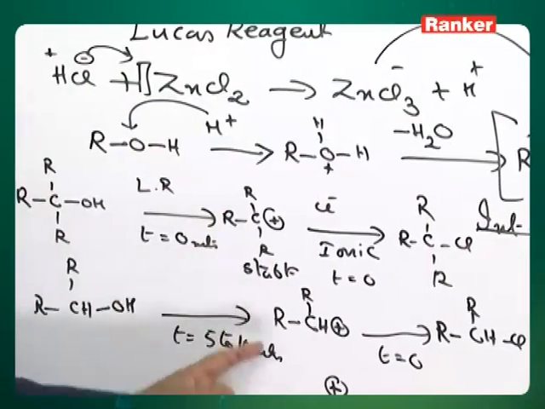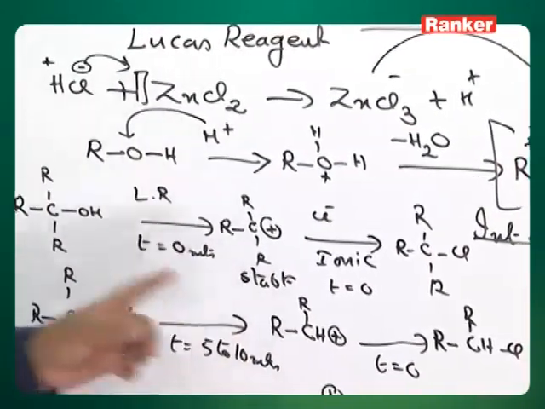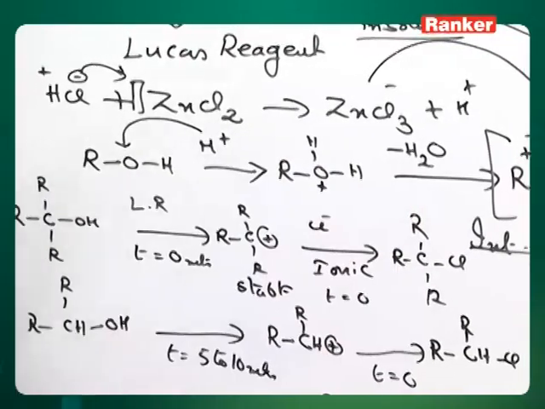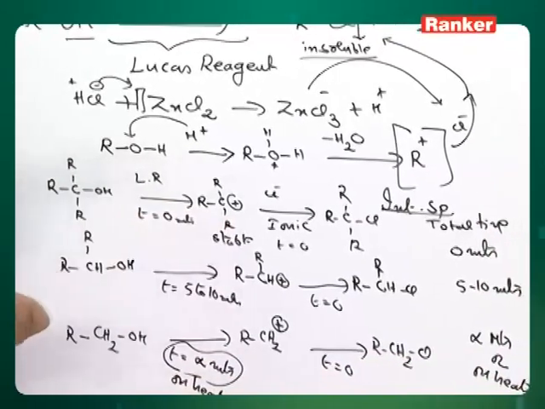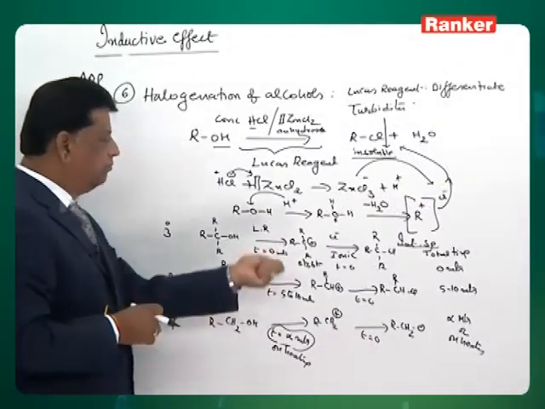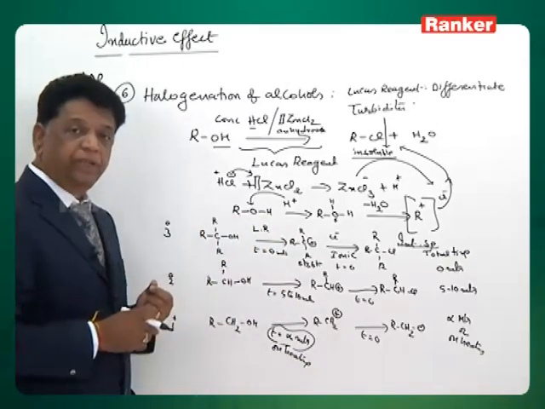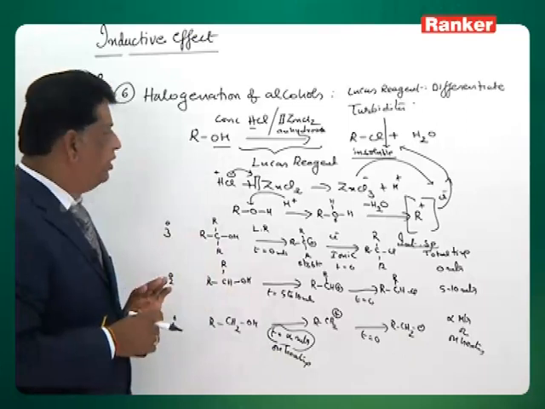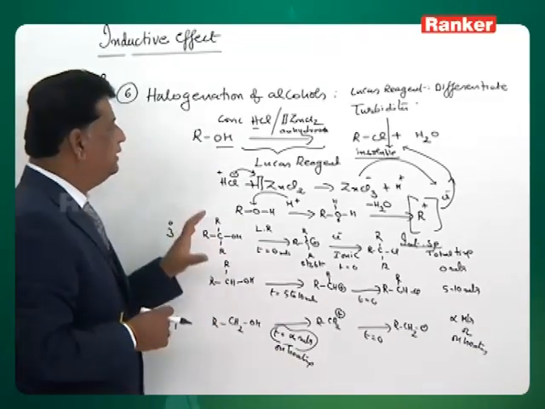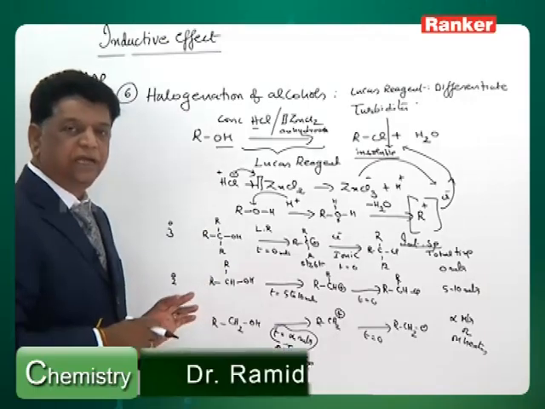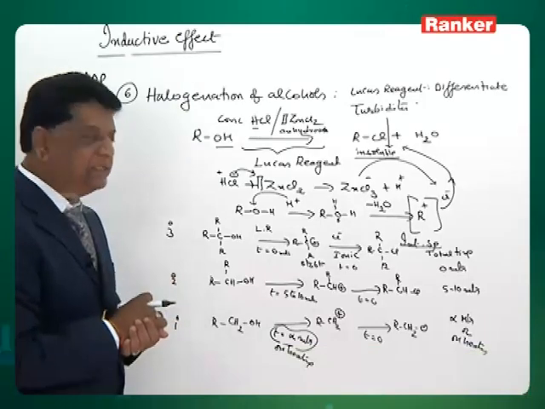The carbocations are of different types, so the 3 degree is more stable, therefore it forms fast, in 0 minutes time, because of the stability of the intermediate. So, the whole mechanism passes through intermediate stability, which is supported by the inductive effect. Therefore, based on this understanding of the inductive effect, we apply this concept on the alcohols, and we are able to differentiate the 1 degree, 2 degree, 3 degree alcohols given to us.